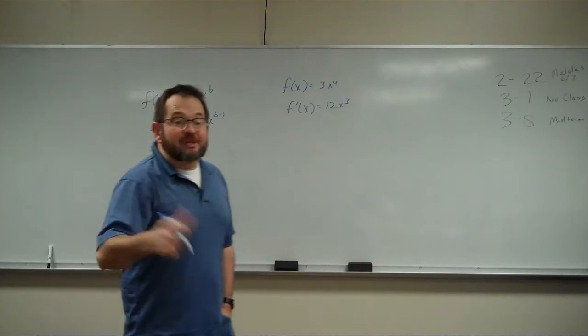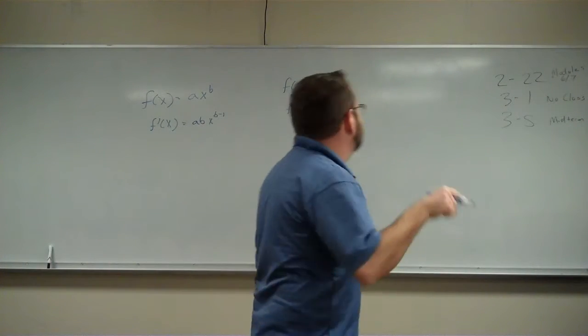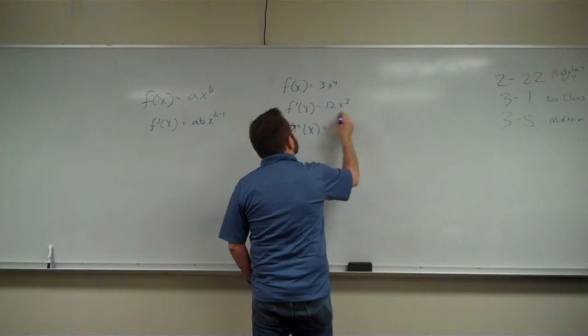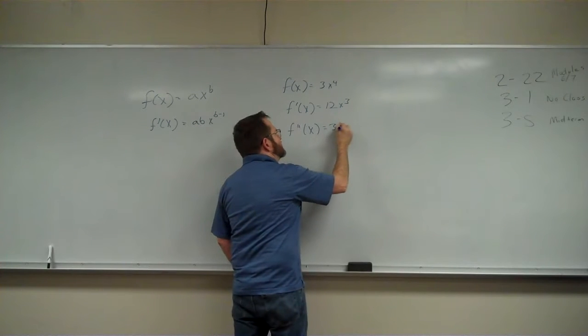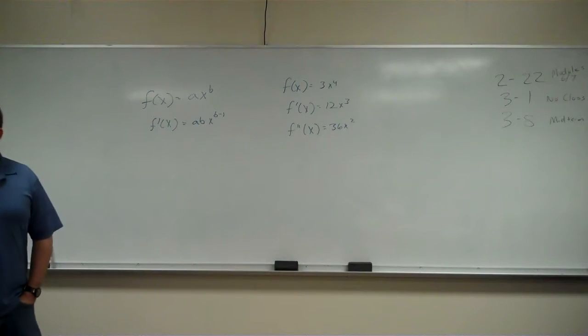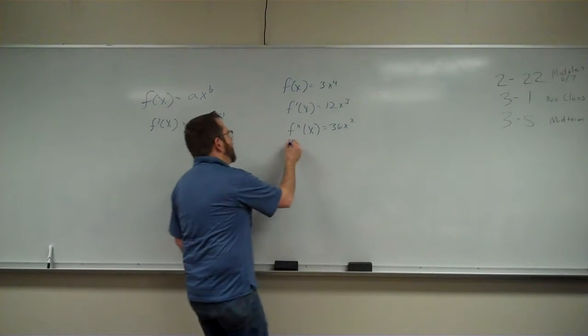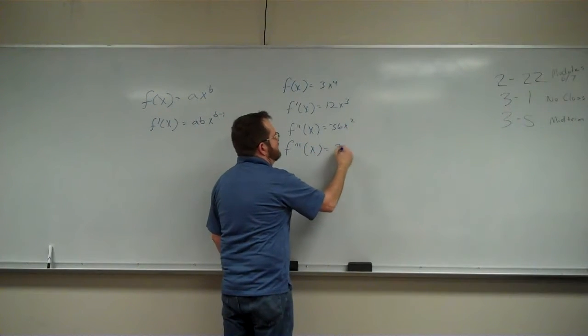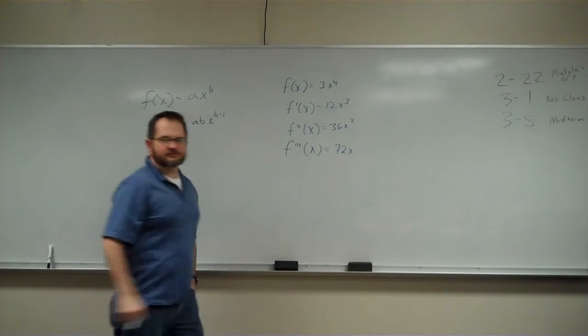And in fact, we can keep playing that game and take second derivatives and third derivatives and so on. So the second derivative: 3 times 12 is 36, and lower the power by 1, and it's 36x squared. Or in this case, we could take a third derivative, and we'd have 72x.